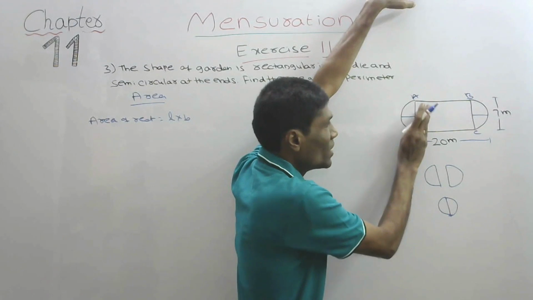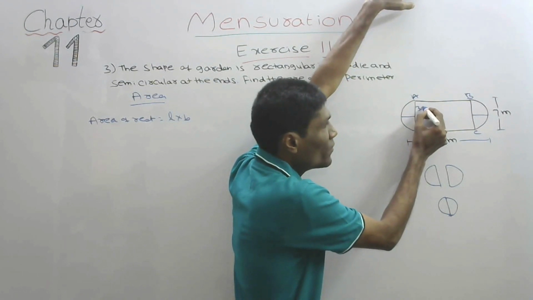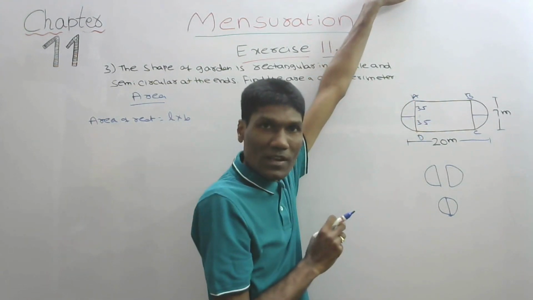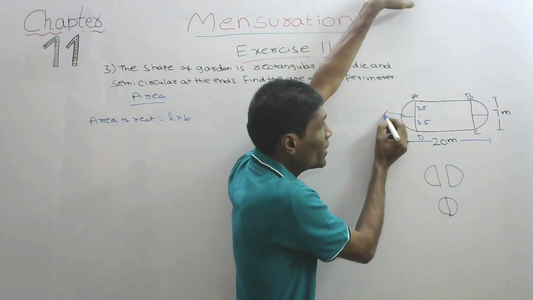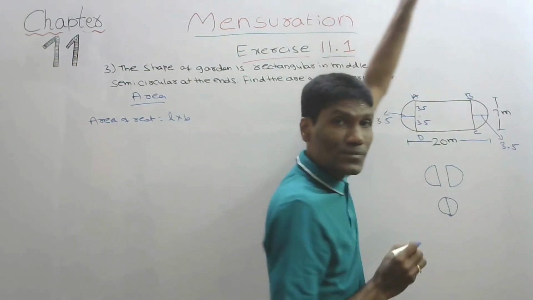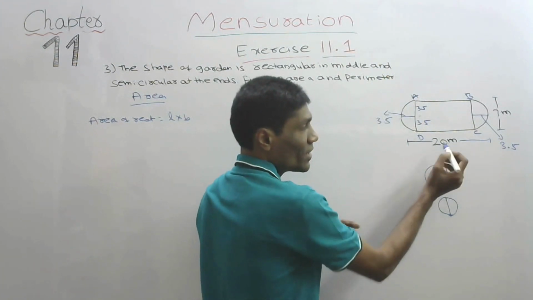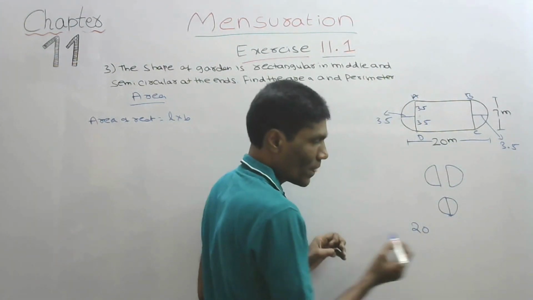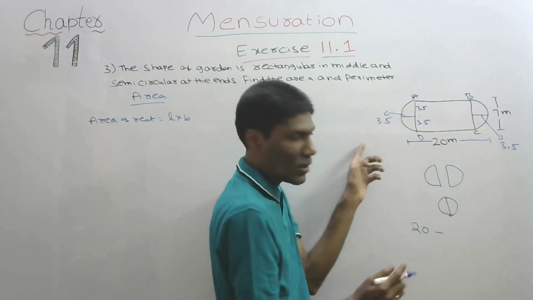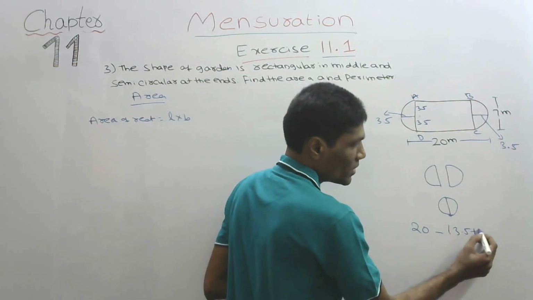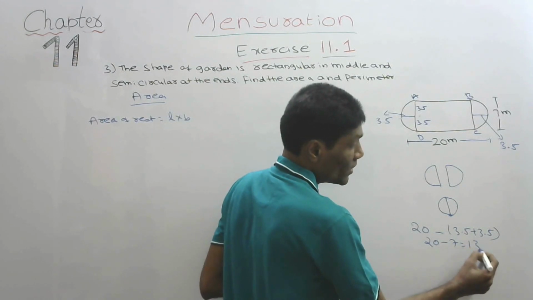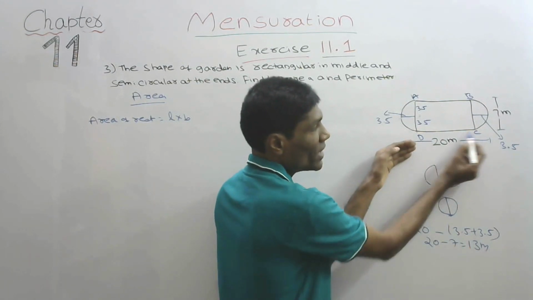So when this is 7, this will be 3.5 and this will be 3.5. So this is the radius of a circle. So this is also 3.5. What will be the length? The total is 20 minus this part, 3.5 plus 3.5, that is 7. So 20 minus 7 equals 13 meters. So this is 13 meters.